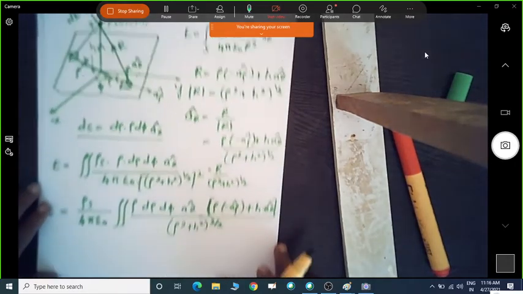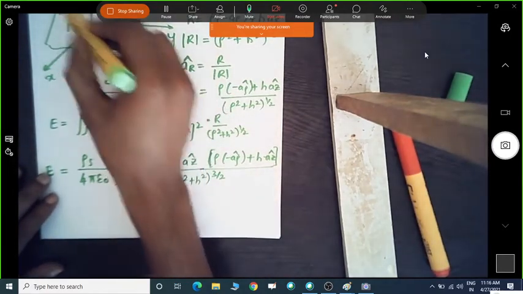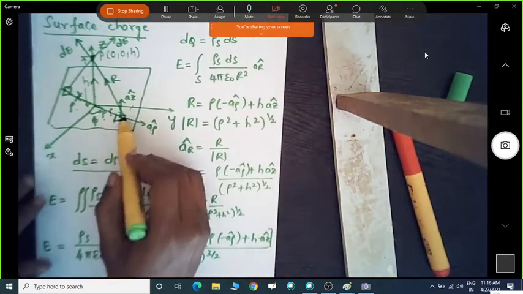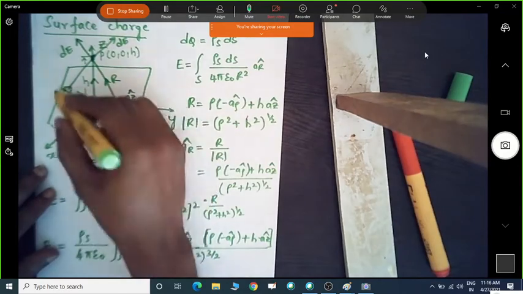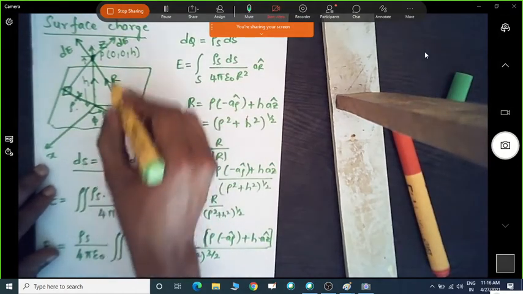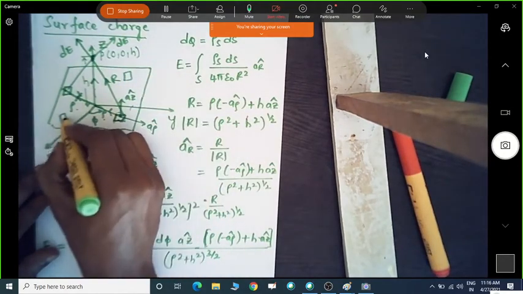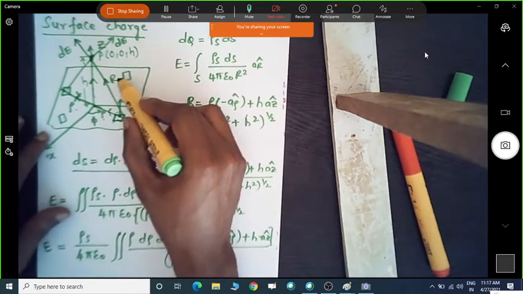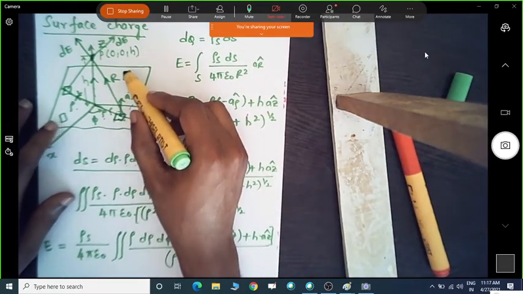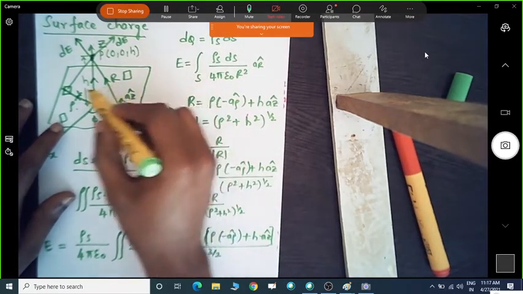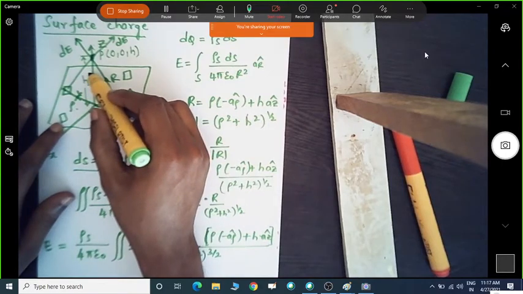So owing to the symmetry of this charge distribution, wherever you take an elemental surface in the infinite sheet, the corresponding rho component will always be opposite and add up to 0. So we end up with only the z component.